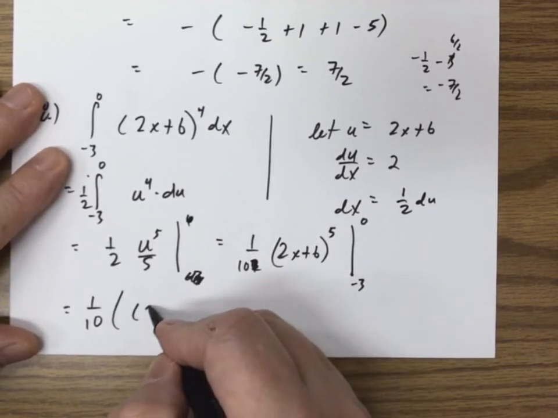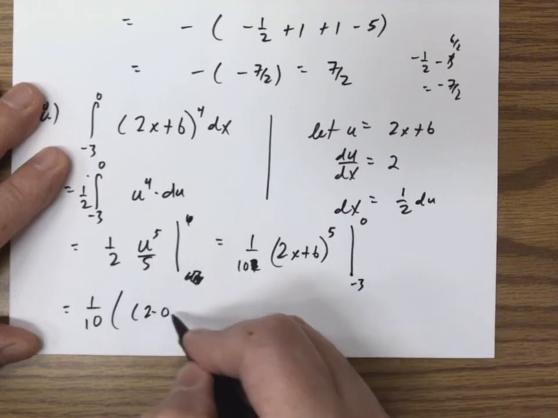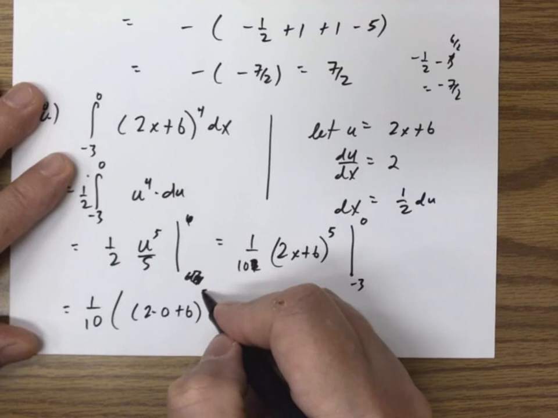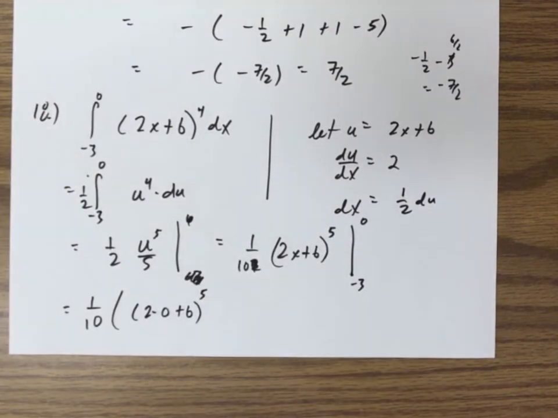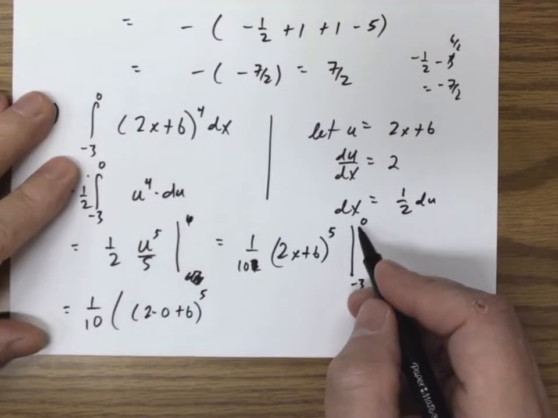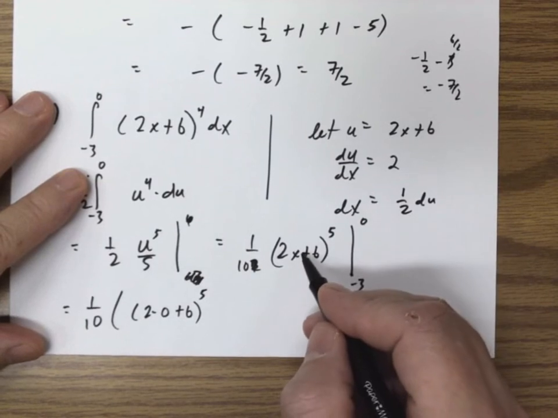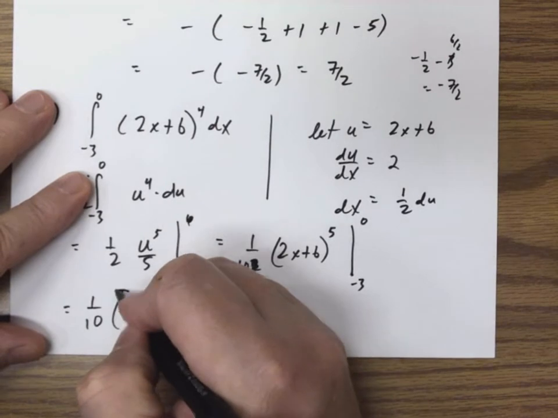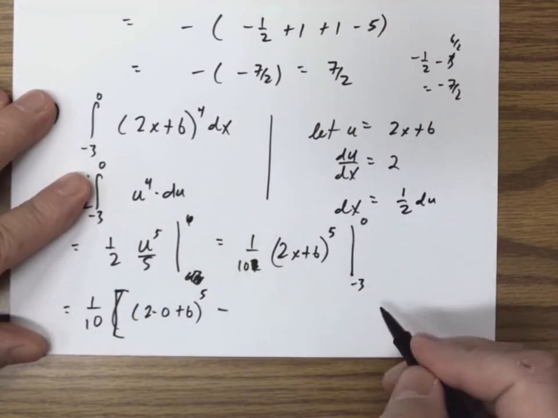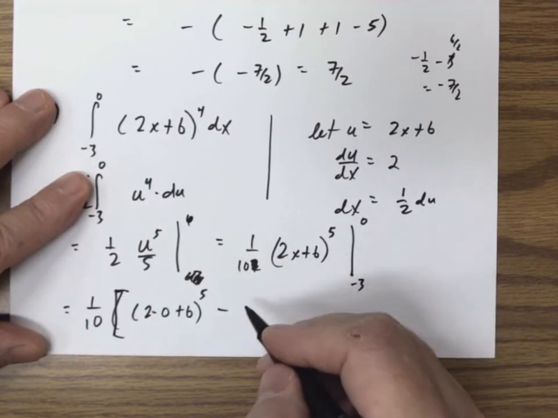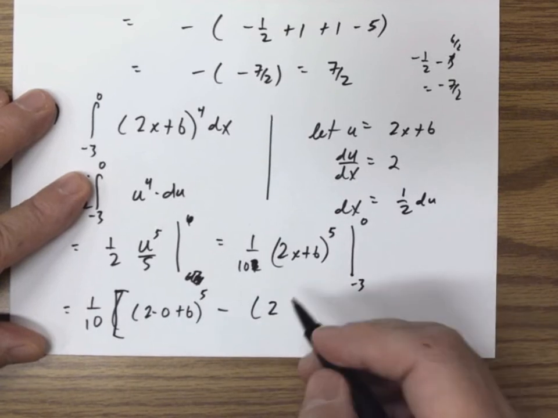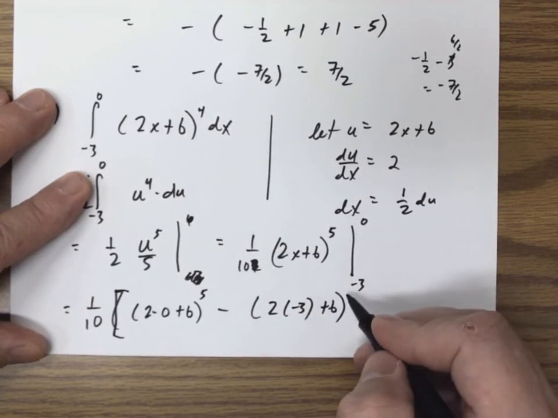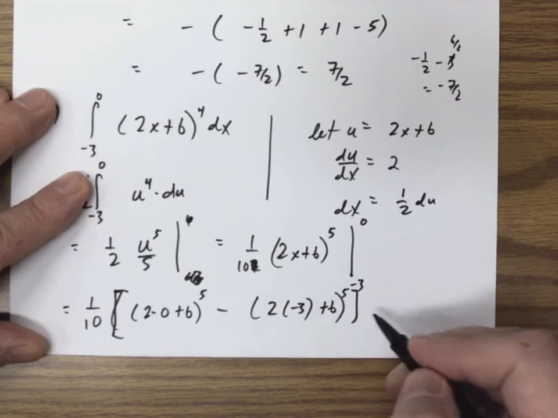So 2 times 0 plus 6 raised to the 5th power. So that's plugging in 0 for x. I pulled the 1/10 out. I should make it a bracket. Minus, now put in minus 3 for x. 2 times minus 3, all that raised to the 5th power.